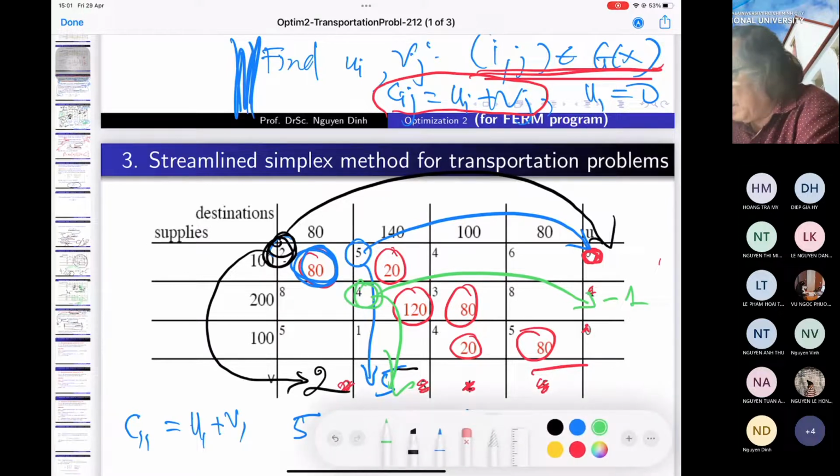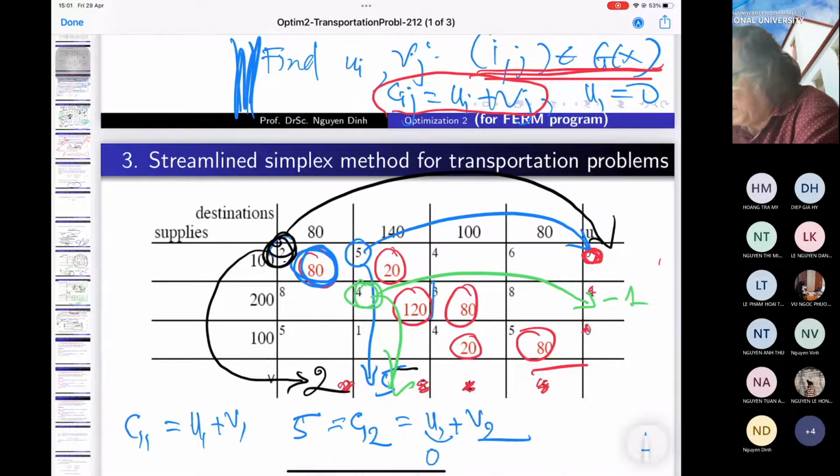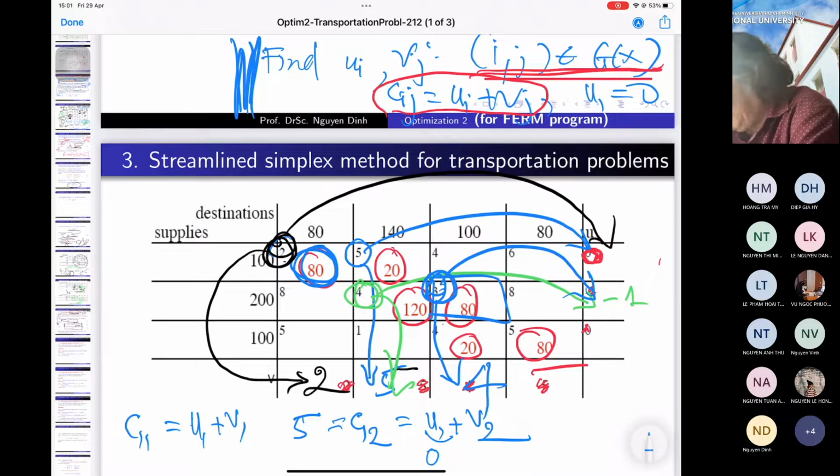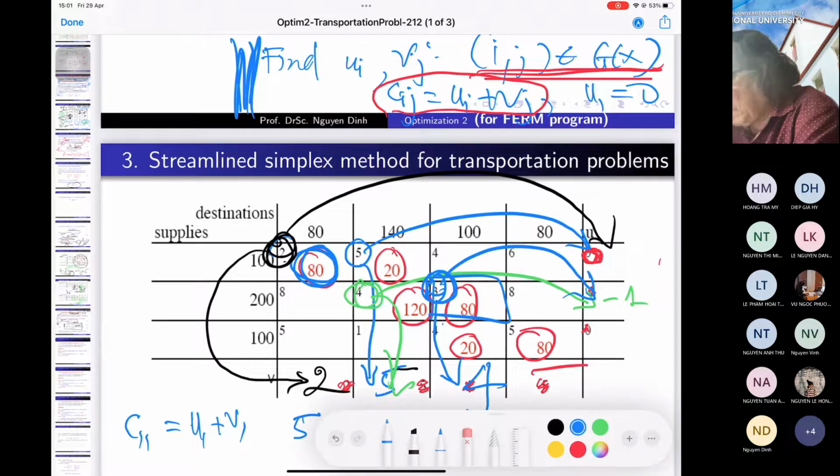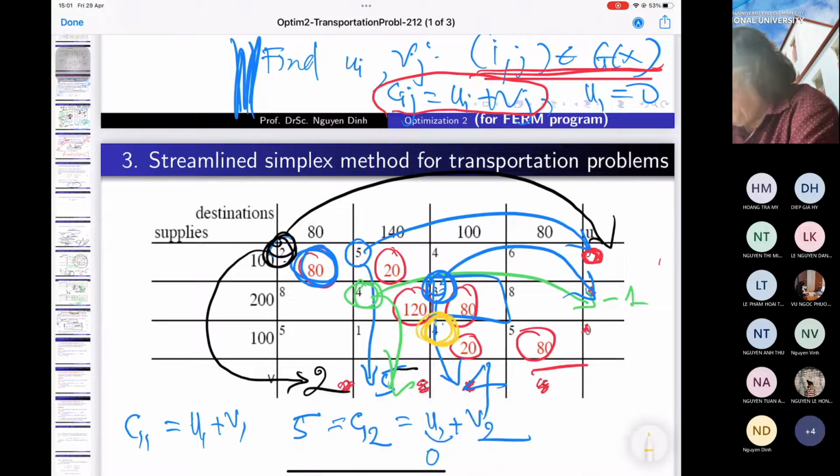And you look at this cell. This cell you have 3. 3 equals minus 1 plus something here. Here should be 4. Is that okay? And you have here number 4. 4 equals this plus this.